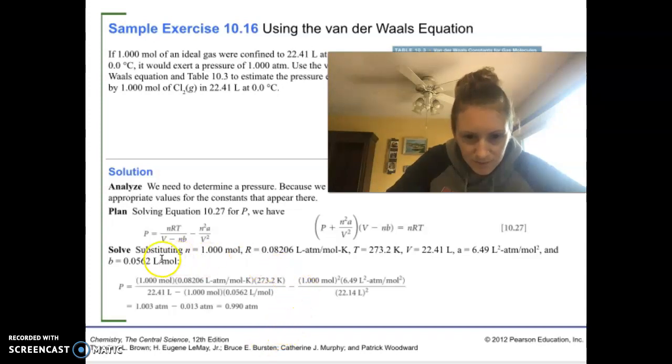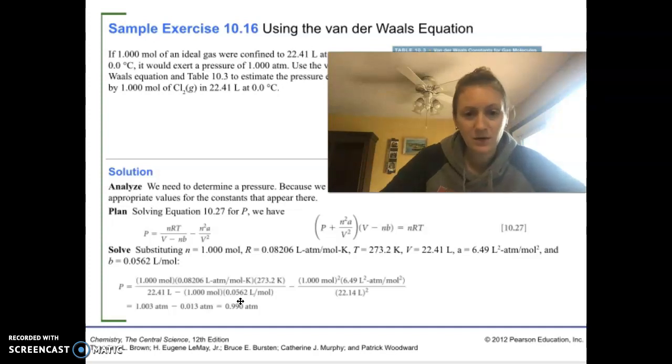So that's the first part of the equation. And remember, this b comes from a table, table 10.3. I didn't just pull this number out of nowhere. It's already given to us. We just have to find Cl2 and go over to the b column.